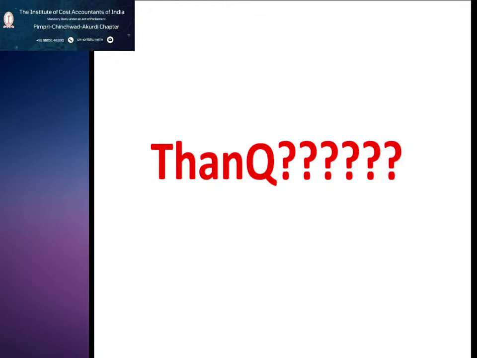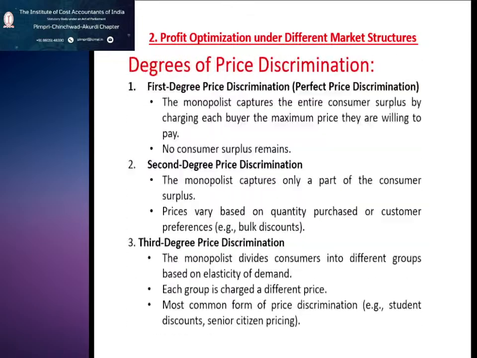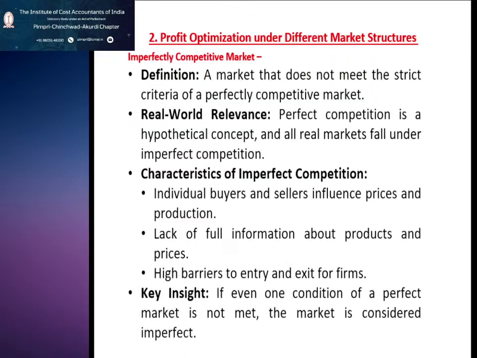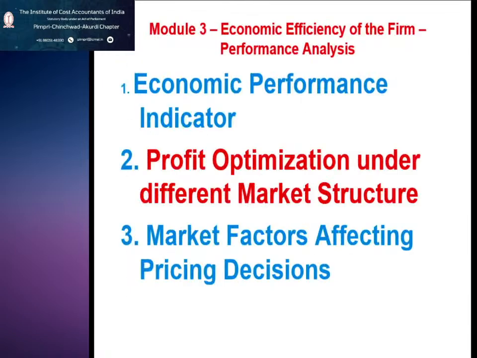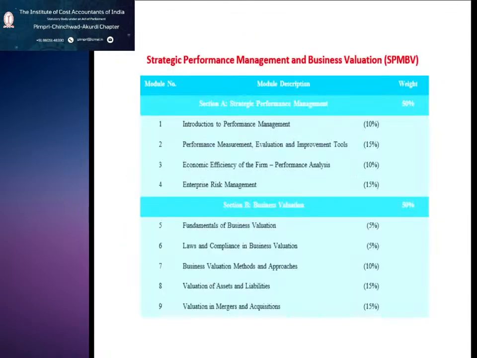And in a way, with this session, we conclude module 3. So let's see what percentage of the portion we have completed by now. In section A for this paper 20A, which is about strategic performance management and business valuation, section A had 4 modules.